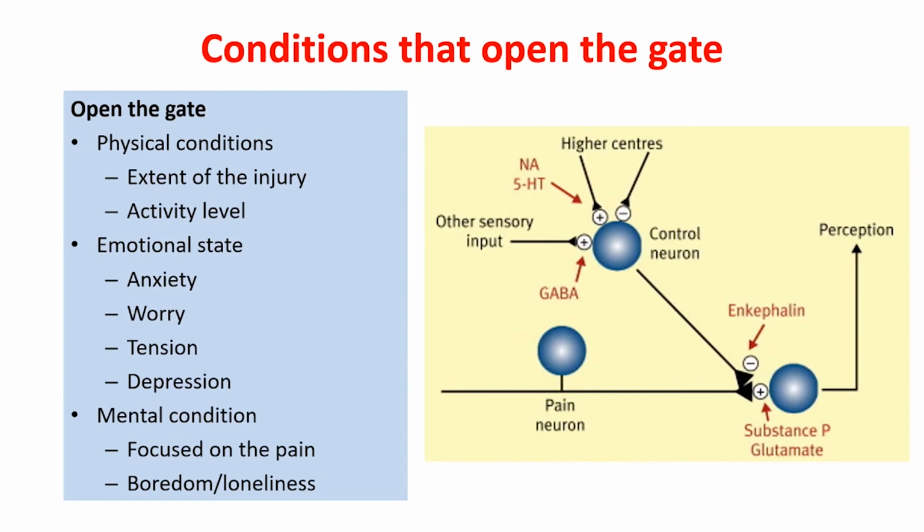Similarly, the mental condition: you are worrying and focused on the pain, or in the middle of the night you wake up and start feeling about it, and loneliness or boredom, all these things will add up. That is a limbic component. They add to the painful situation, and you start worrying what happened to you and how you can get away with it.